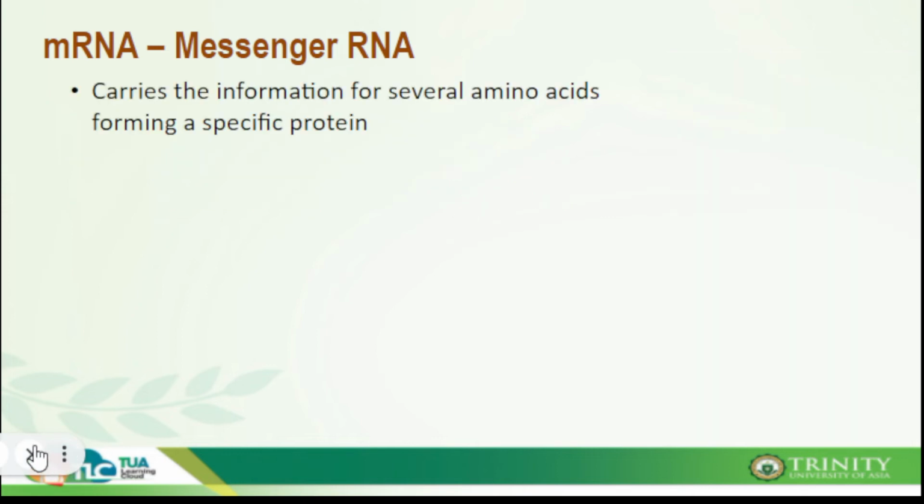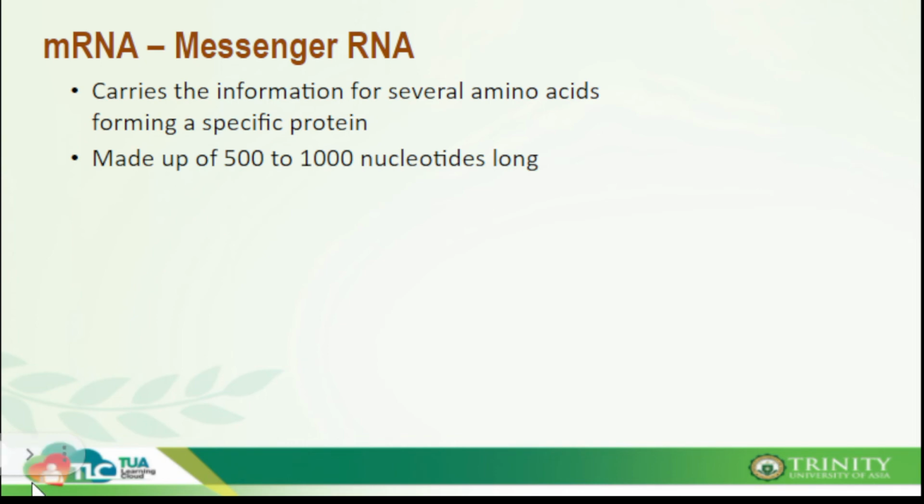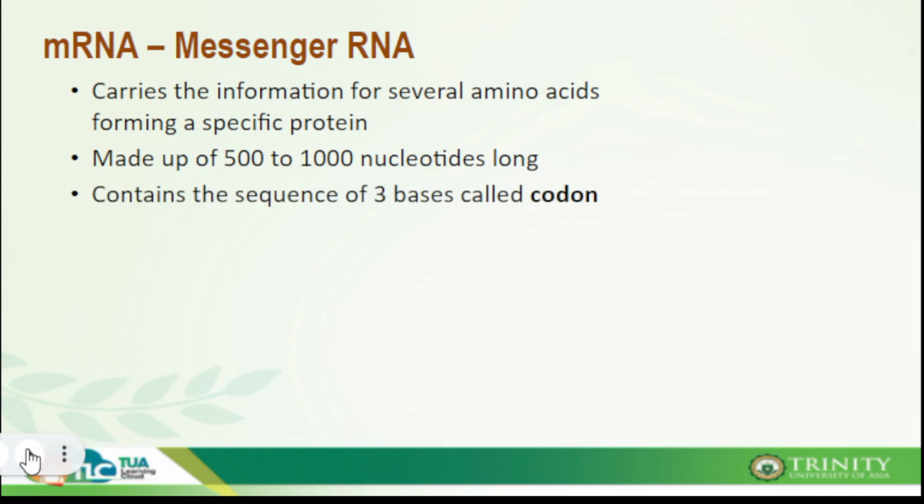So our mRNA are important because, again, sabi natin, description ng RNA, they carry the information that codes for amino acids. At pag nagsama-sama ang amino acids, it will form a specific protein. Okay? So usually your mRNA is composed of 500 to 1,000 nucleotides long.